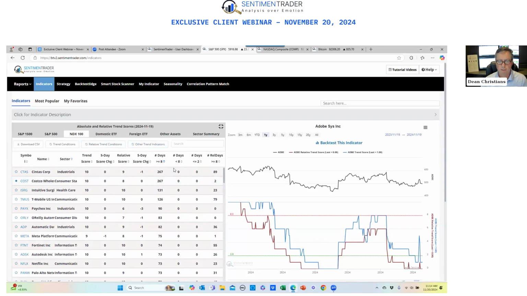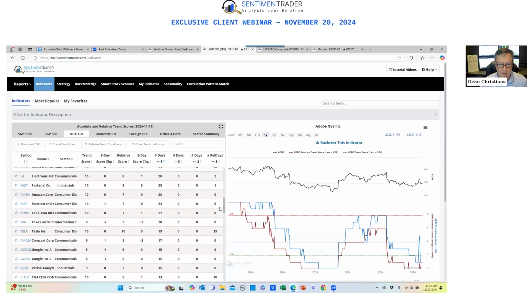We can do the same thing in terms of that relative trend, and we can sort that, and we can see Cintas has a relative trend score of 8 or greater for 89 consecutive days. Now, why is this important? Well, first, in terms of the relative trend score, we can use it to see what has broken above the 8 score or higher.